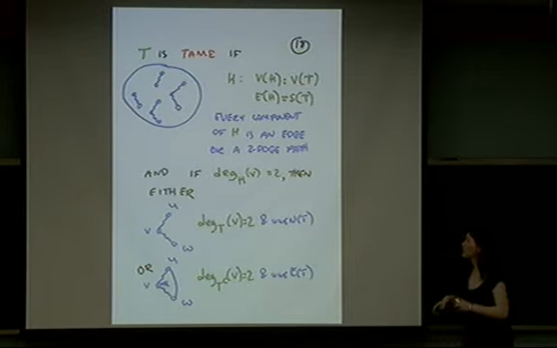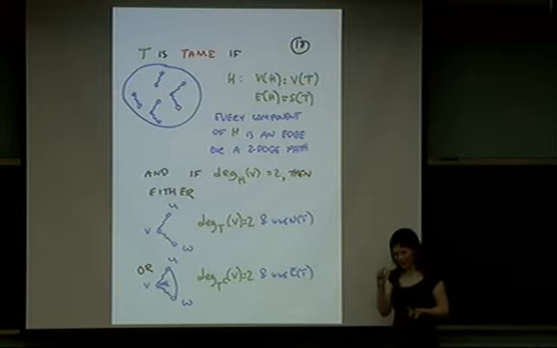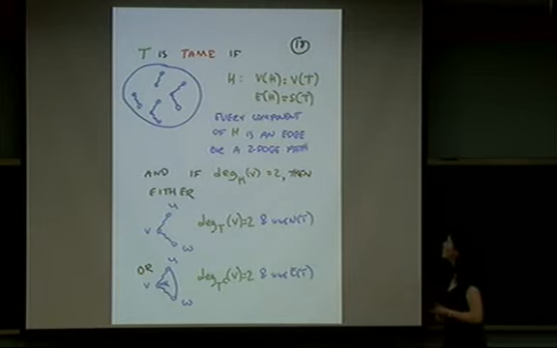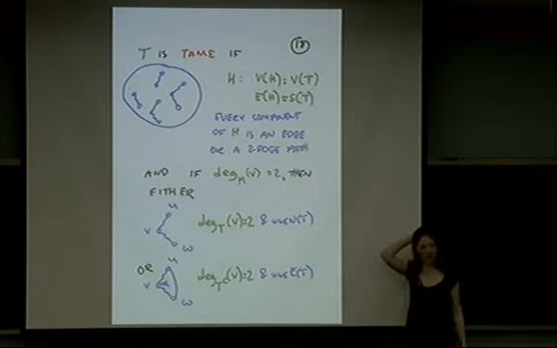So here we need to do something a little more complicated, but only just a little bit. So let me say that the trigraph is tame if, basically what I'm going to tell you is that the graph of undecided pairs is very simple. It's very simple.